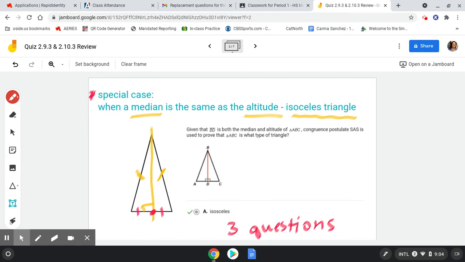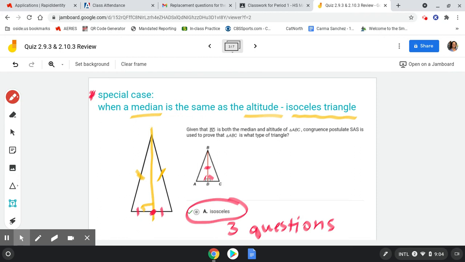Given that BD is a median and an altitude, the congruence postulate is used to provide this, and it has to do with isosceles. Because you've got this altitude that is a median, the red line in the middle, you want to keep that in mind. Why can we use SAS on that? Because you've got the reflexive side, that is your median and your altitude. You've got the 90-degree angle, which makes these angles equal.